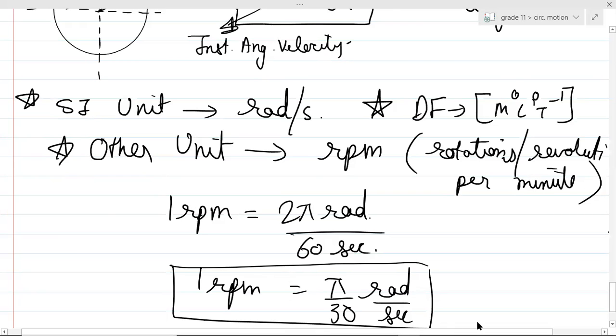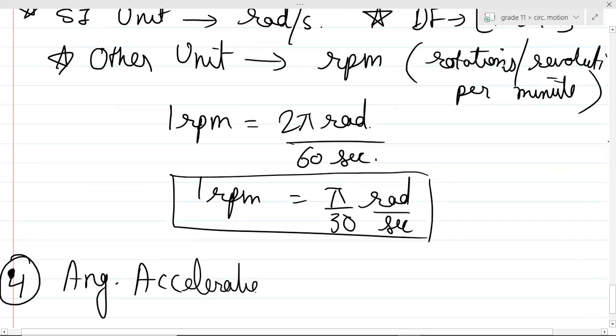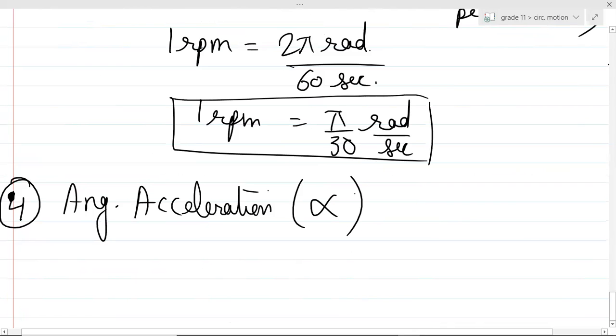Now the next thing which we are going to discuss is basically known as, the third quantity is done. Now the fourth quantity, angular acceleration, denoted by alpha. Okay, what is alpha defined as?